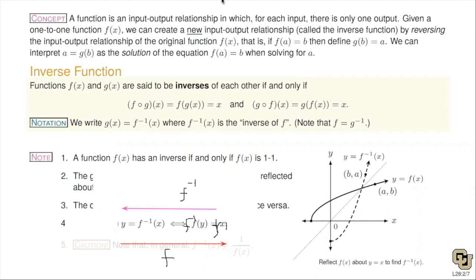Oops, this should be an inverse here too. Okay, I'm doing f inverses on both sides. So you can see the f inverse of x is just what we have here, f inverse of x. And here, f inverse of f of y, they cancel out, and we get back the original y.